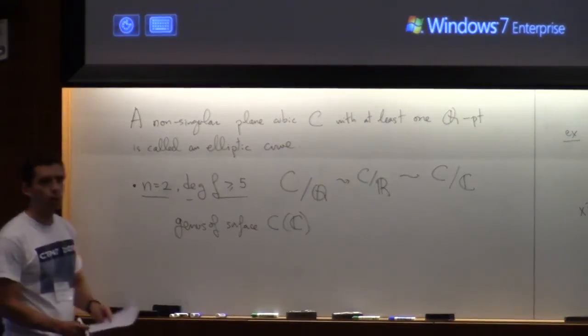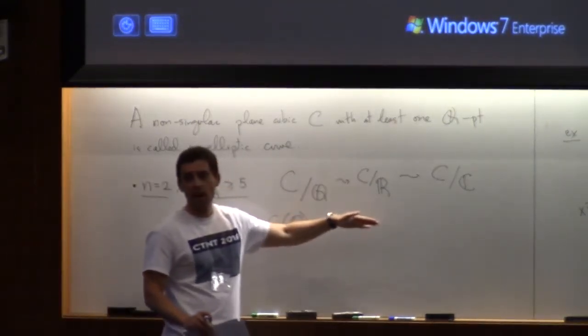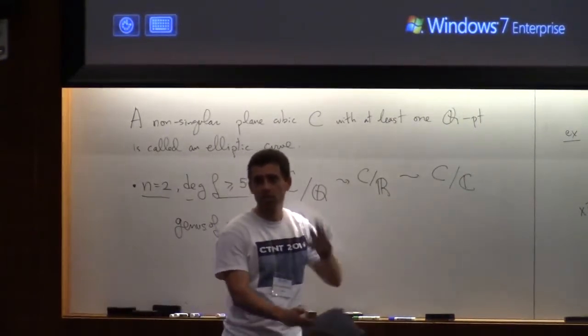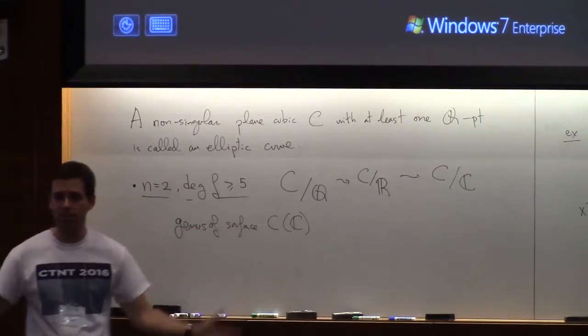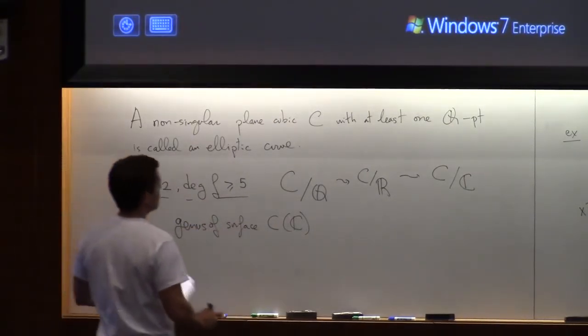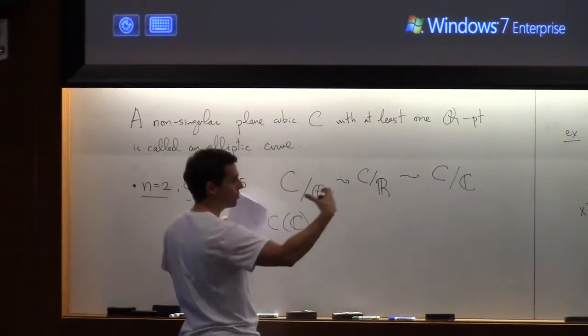Okay, so you see how we went from a curve that's a line, but now we go to the complex numbers that have 2 real dimensions, so all of a sudden we get surfaces. So the genus of the surface is the number of holes the surface has.